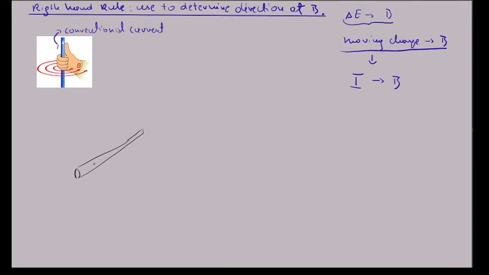Now we know that it's the electrons that flow, but the right-hand rule works with a conventional current. So we're going to say that the positive charge flows with the wire here. So the direction of the current is the direction of the conventional current, the flow of positive charges. Electrons, of course, are the actual things that flow. They flow in the opposite direction, but we stick with the conventional current flow.